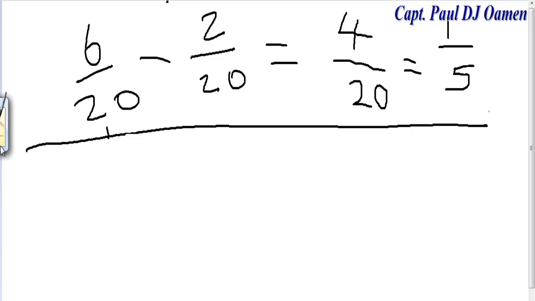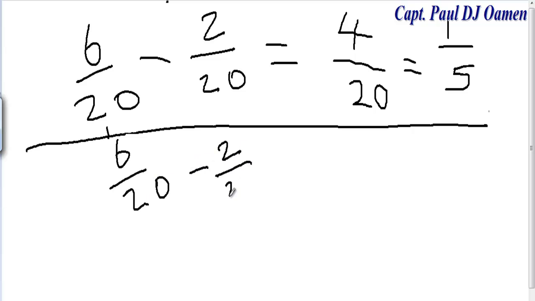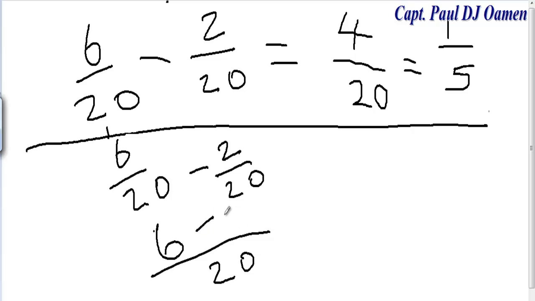The other method that we can use is, supposing we say 4 over 20 minus 2, we can always use the same old method, the lowest common factor, LCM. 20 goes here, 1 multiplied by 6, that will give you 6, and 20 goes in 20, it's another 1. 1 multiplied by 2 is 2.